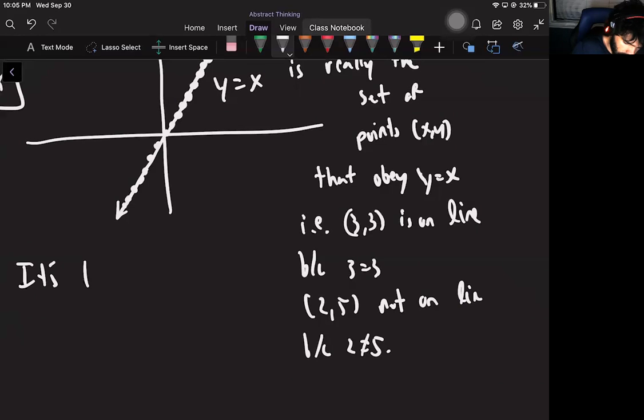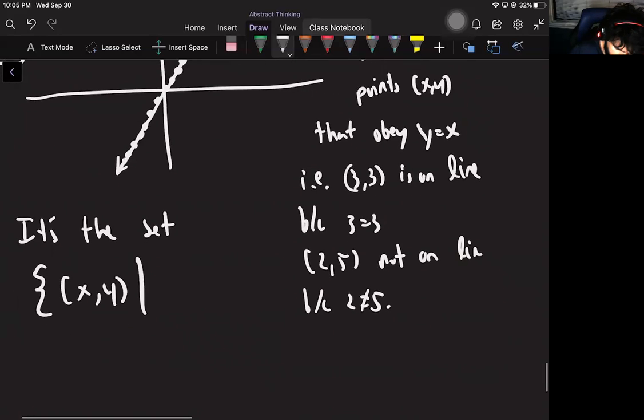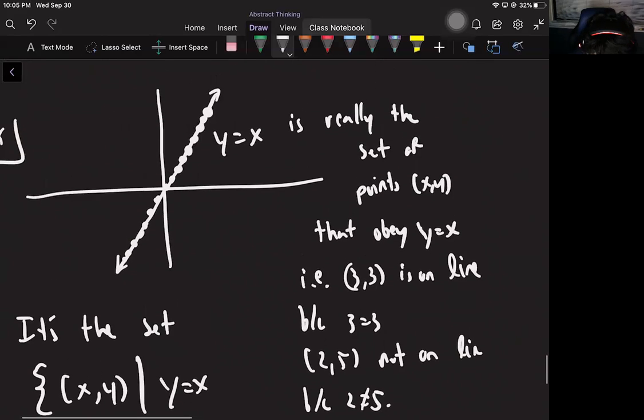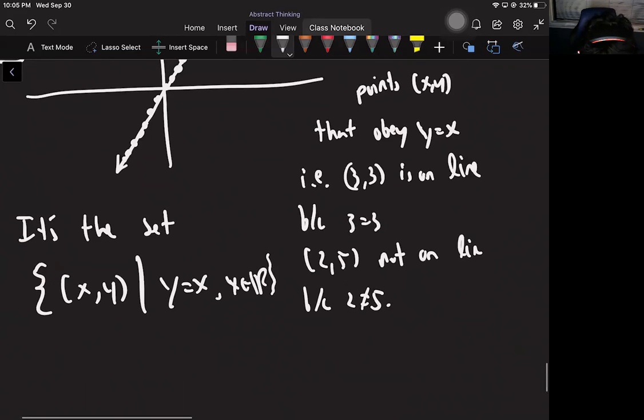It's the set of x comma y's, or a comma b's, whatever you want, where y equals x, and that's it. I guess I should say that x is a real number. I don't have to say y is because that implies it, since x already is, and they're equal.